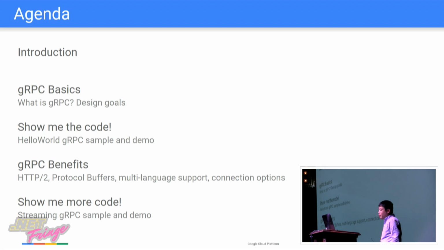In the end, I think you will spend some time to play with it, get familiar with it, and make the decision if it's the right choice for your next project. If we have more time, I'll show you a bidirectional streaming gRPC sample, a simple group chat app.